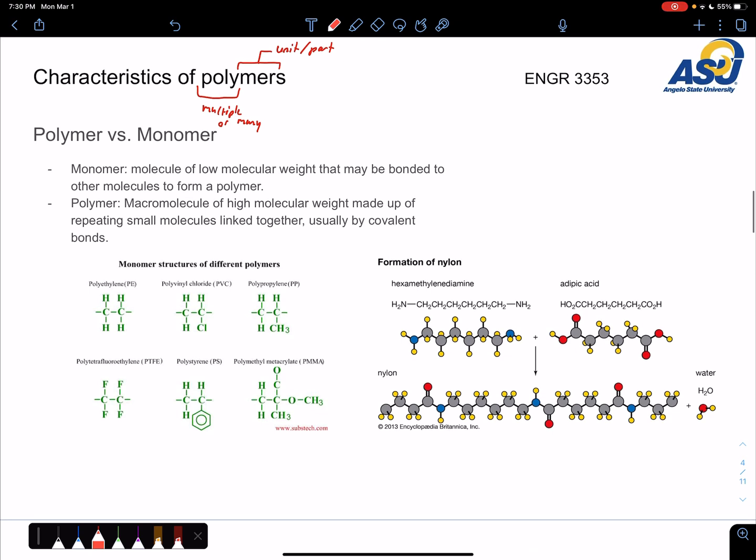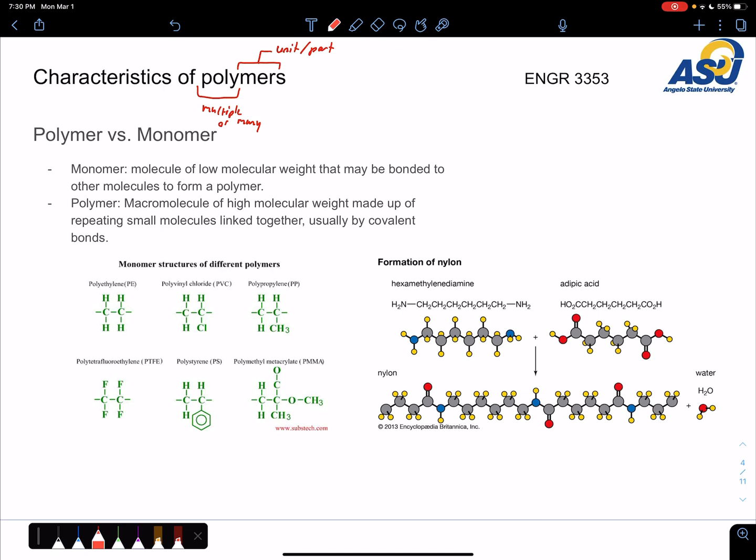So a monomer is a molecule of low molecular weight that may be bonded to other molecules to form a polymer. So a polymer can be many monomers combined together that formed that polymer. So a polymer is a macromolecule of high molecular weight made up of repeating small molecules linked together, usually by covalent bonds.